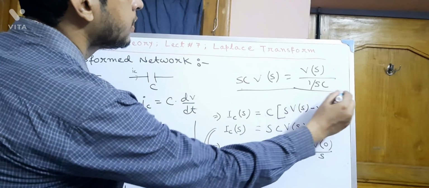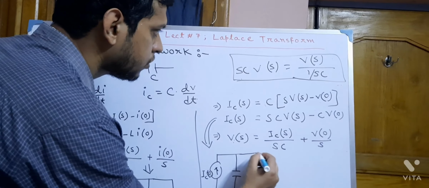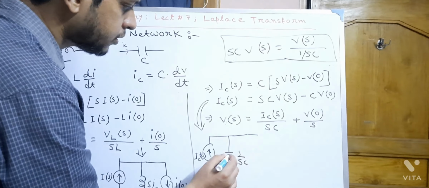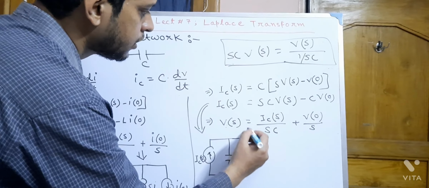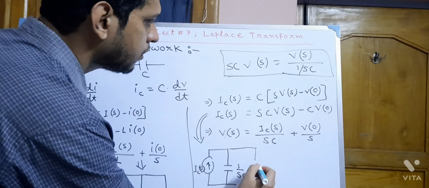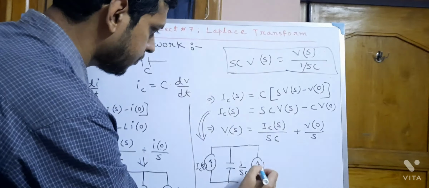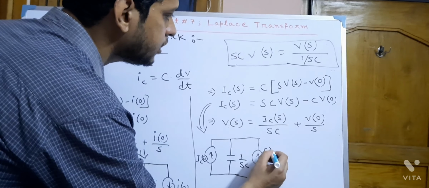VS by 1 by SC. Okay. So this is equivalent to the impedance 1 by SC, and for this term we have to write, this is equal to C V0.